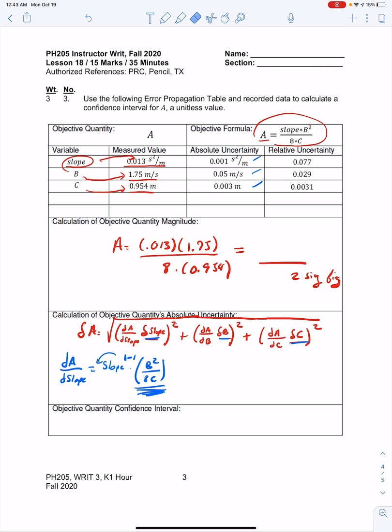So you have left, let me rewrite this. b squared over 8c. Done. Now, you do the same process for each one.